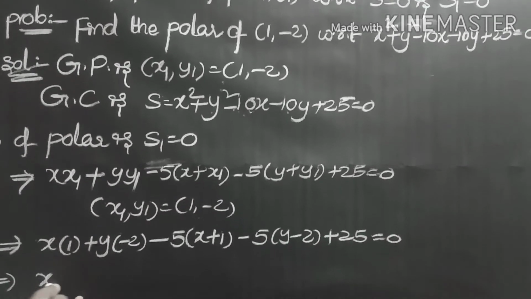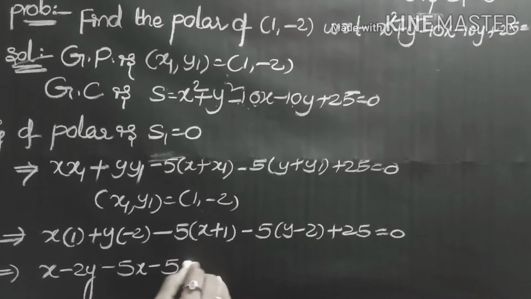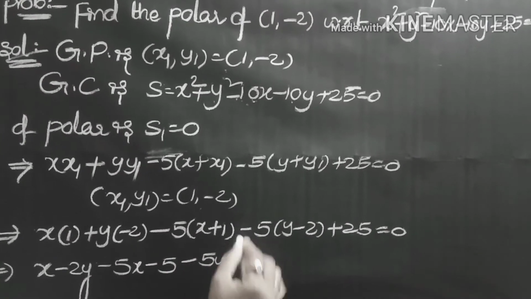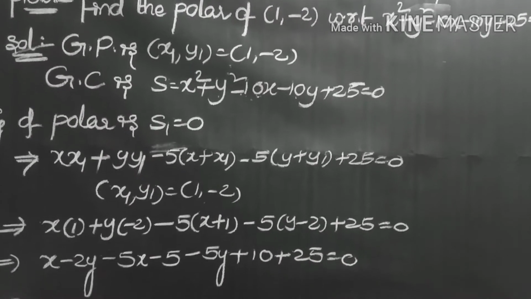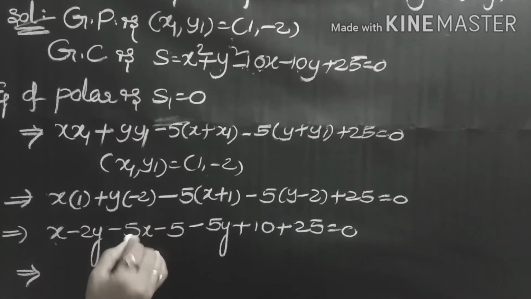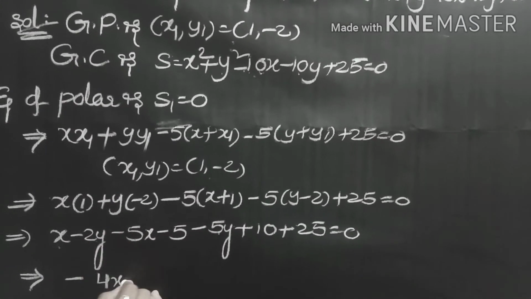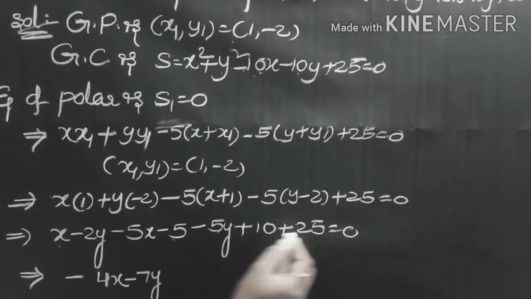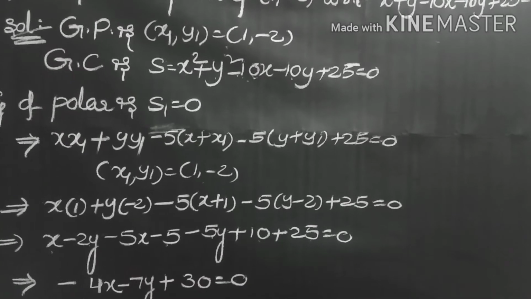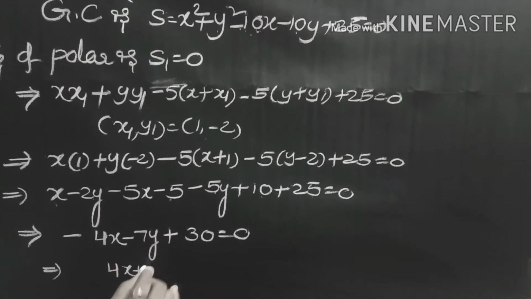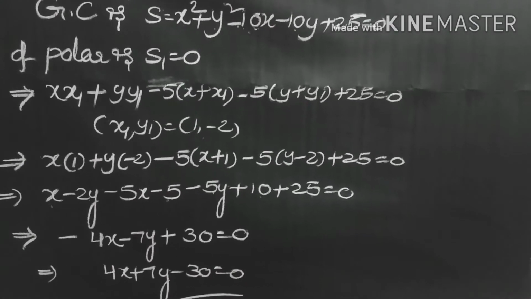That is x minus 2y minus 5x minus 5 minus 5y plus 10 plus 25 equals 0. That is x minus 5x is minus 4x, minus 2y minus 5y is minus 7y, and minus 5 plus 10 plus 25 is 30, which implies 4x plus 7y minus 30 equals 0. That is the required answer.